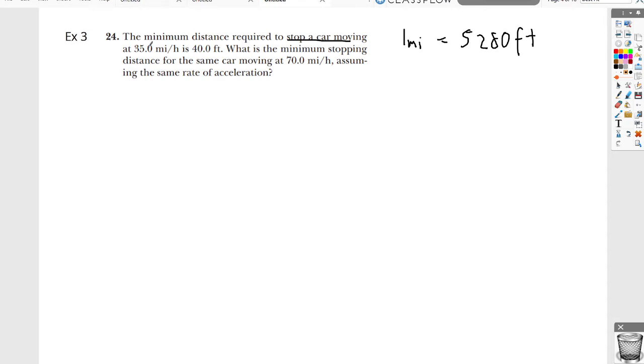So let's see. We can solve this 2 ways. I'm going to solve it the first way, since this book that I'm using has black, blue, and red problems. We're not going to do any red problems today.